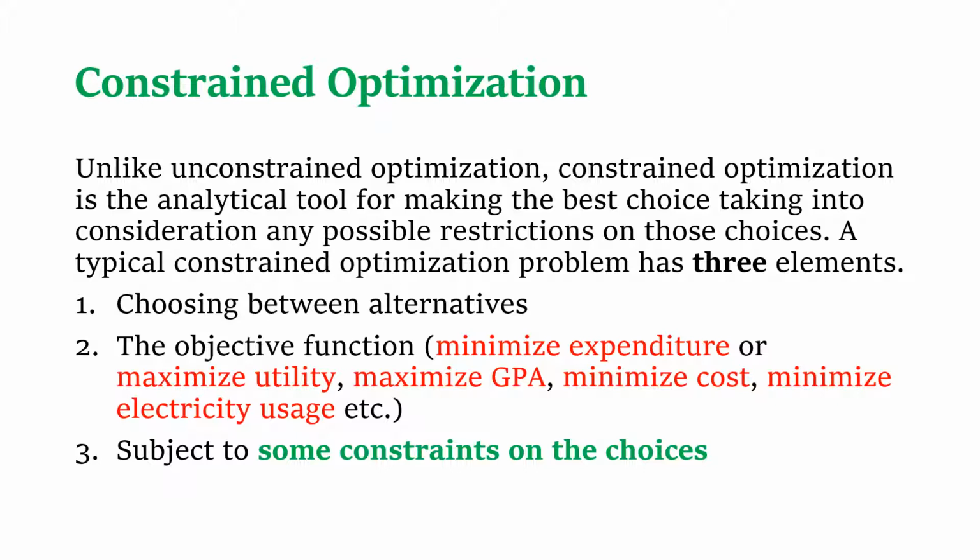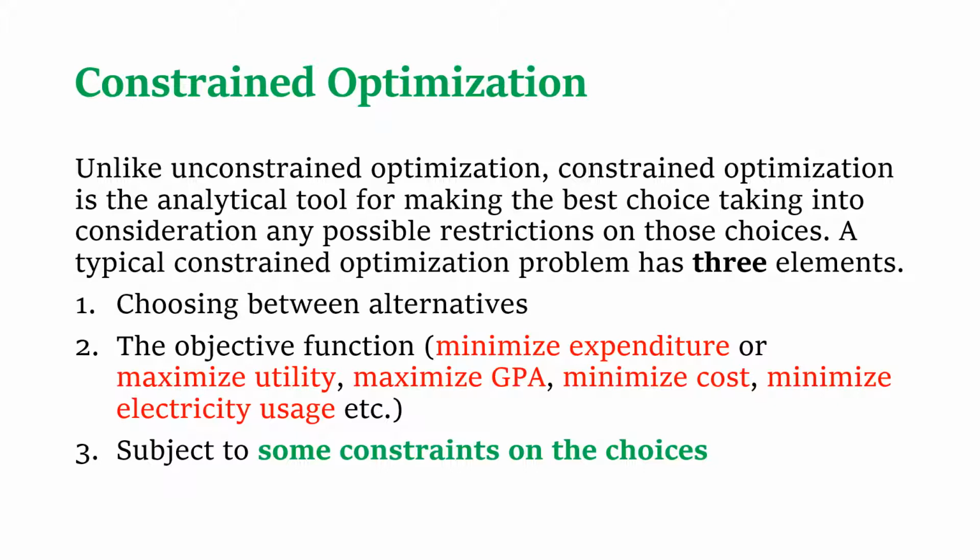Your aim is to maximize your GPA, and then you have a whole range of choices. You have to choose between alternatives, different courses, right? Now, which courses am I going to choose? Which ones am I going to do in order to get the highest GPA?